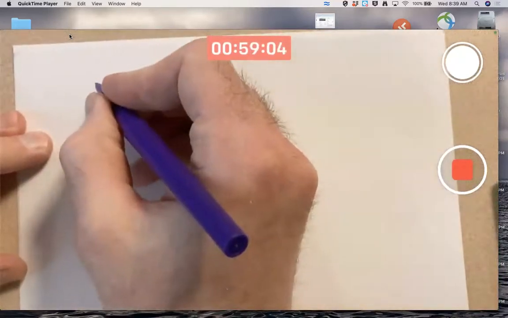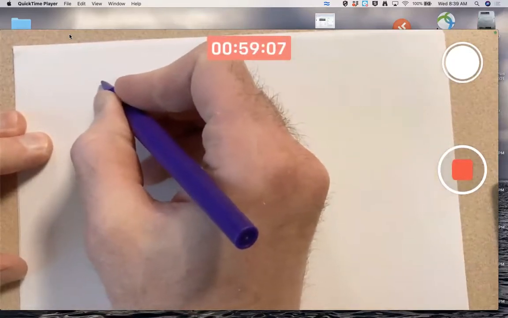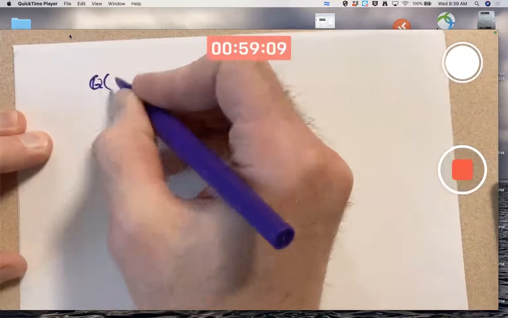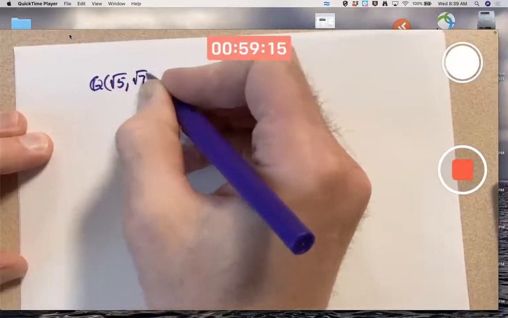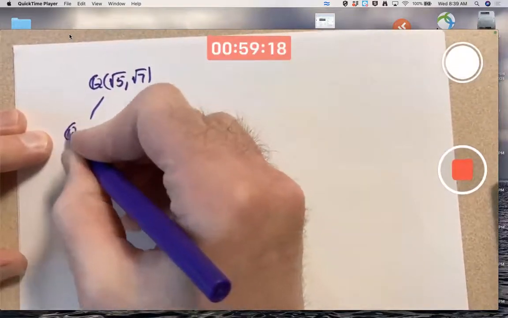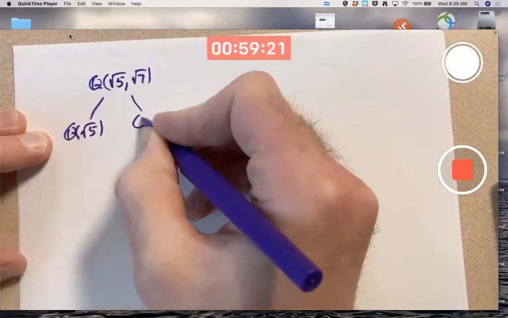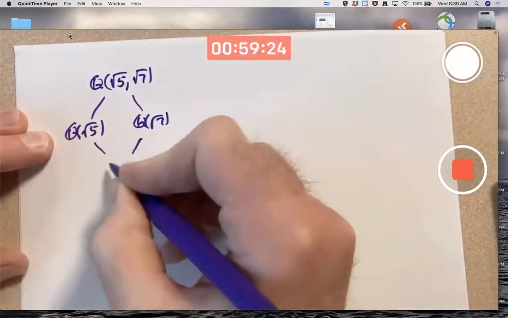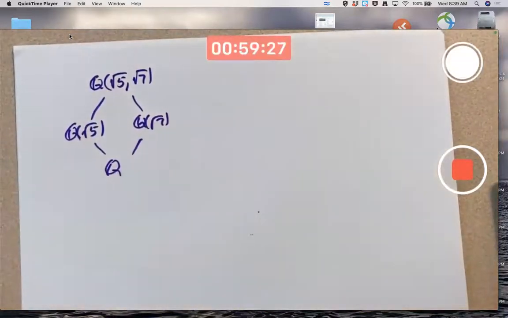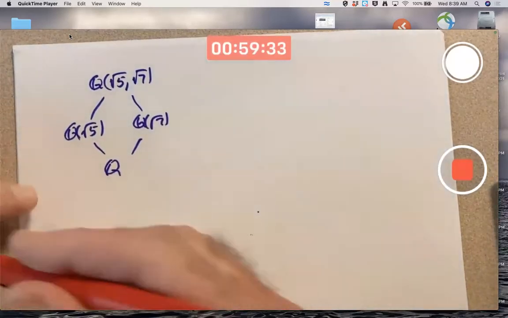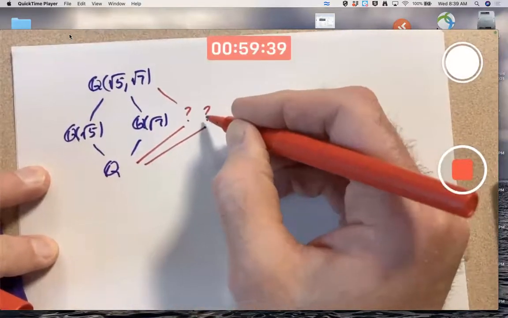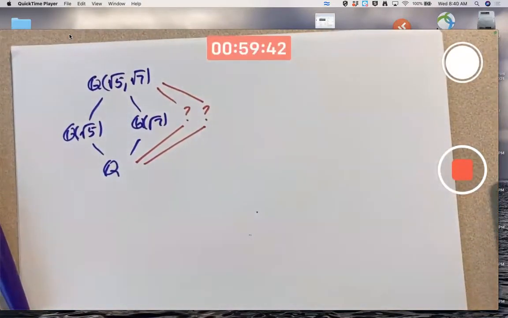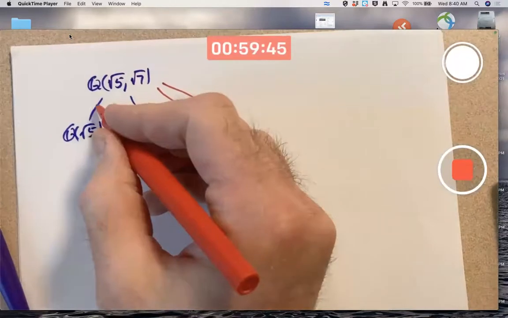Say we were trying to figure out whether there were any other fields in this, not a subgroup lattice, but a tower of fields. Are there any other fields that I could put in this picture? Or any other fields that are in these spots as well?